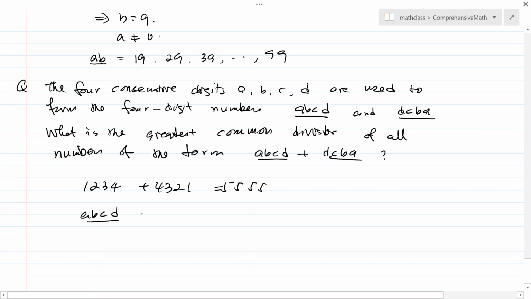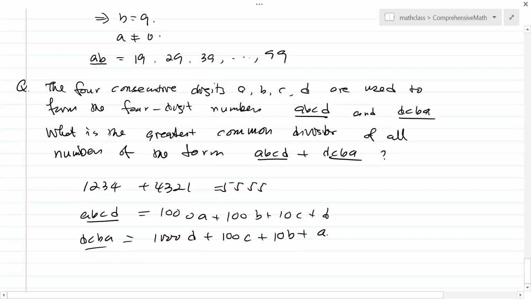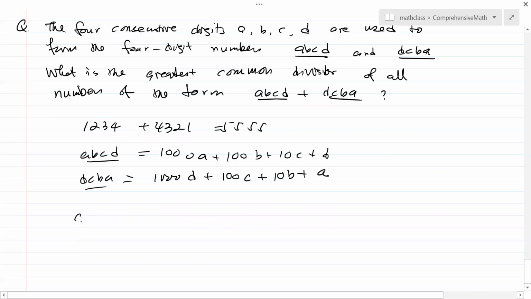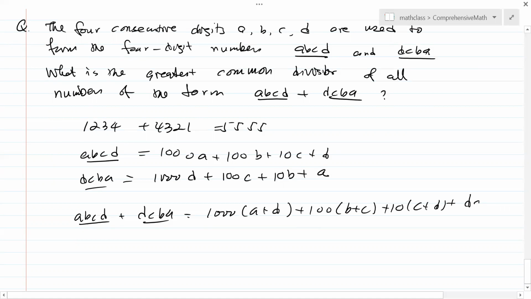ABCD is going to be 1000A plus 100B plus 10C plus D. And the other one, DCBA, is going to be 1000D plus 100C plus 10B plus A. So the sum, I add them together, I will get 1000 times A plus D, and 100 times B plus C, and 10 times C plus B, and then D plus A.